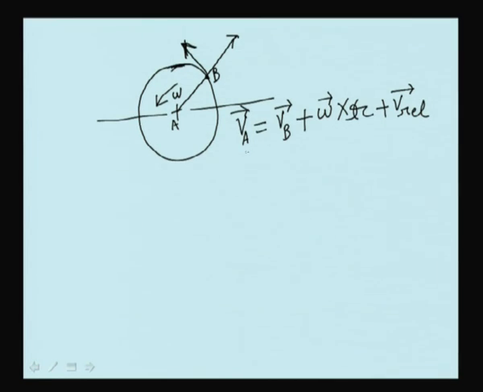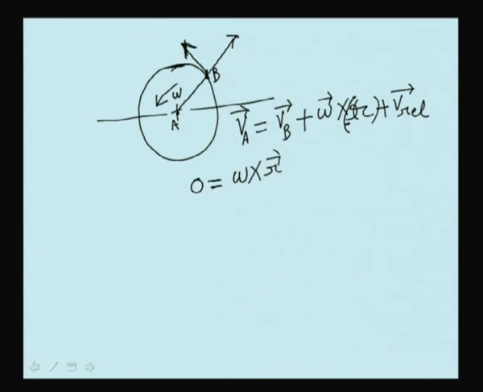If A is a fixed point, then VA is equal to 0. Now, in this case, I have fixed an axis system here, so for omega cross R at this point, I have to take this R as minus R. This is VB, and I can write VB as omega cross R, where R is the radius of the circle.